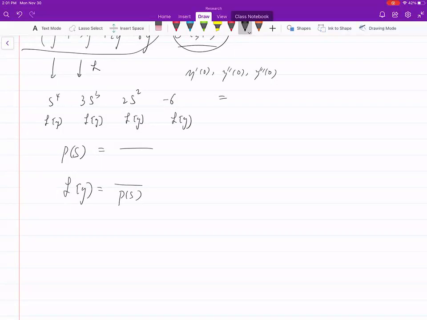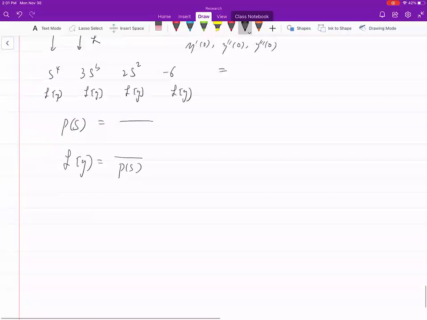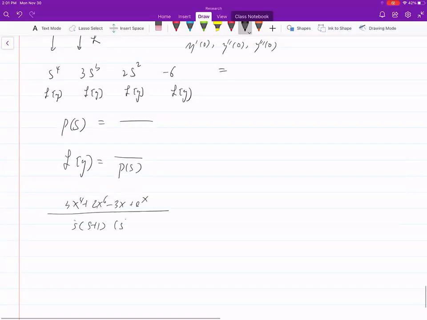And how do you handle the rational function when you take the inverse transform? Whatever you have here, looks familiar?